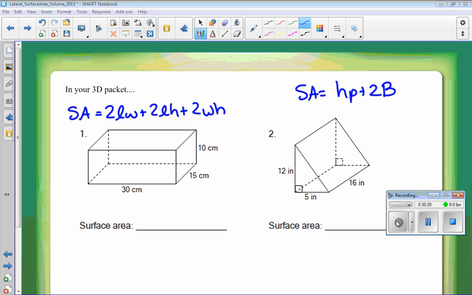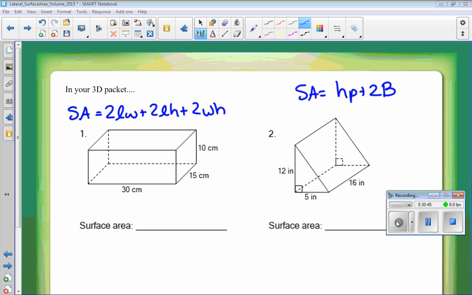If you notice, the surface area of a rectangular prism looks a little different than the others, because you can really pick any two parallel sides to be the bases. It doesn't matter which ones you pick. So that's why we have its own formula. There are three pairs of parallel sides: top and bottom, left and right, front and back.